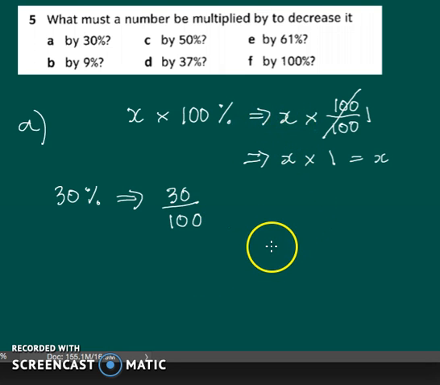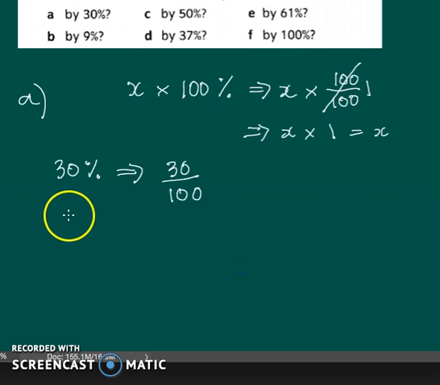Now we need this number to be decreased by 30%, and what is the original percentage of this number? Well, originally we had 100% of this number, which is the same as saying 100 over 100, and we are taking away 30%, which is 30 over 100.